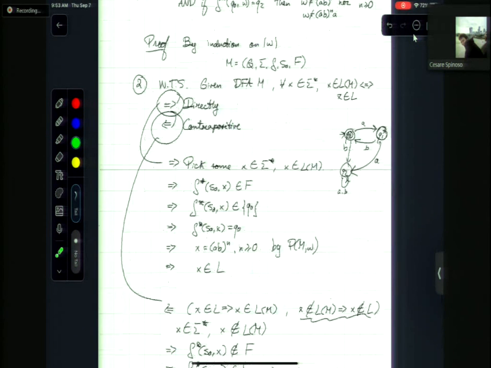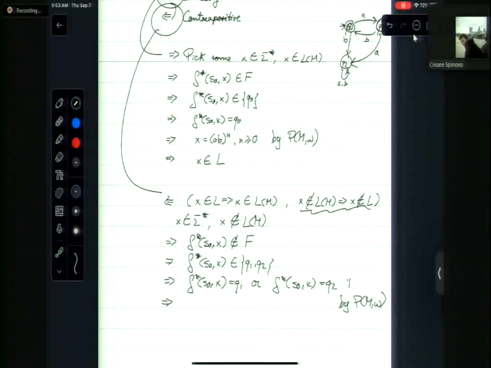So in other words, X either looks like AB^nA, or X does not look like AB^n, nor does it look like AB^nA. So it looks like something completely different.